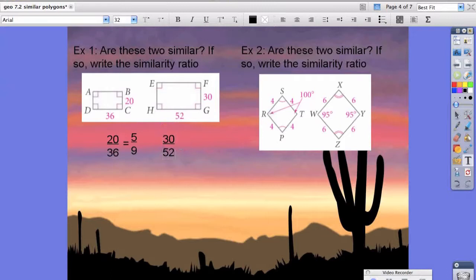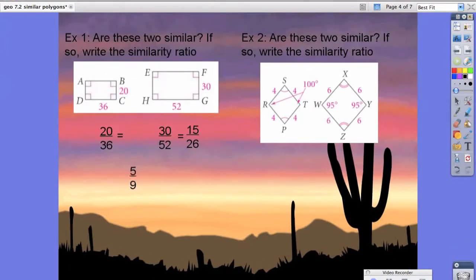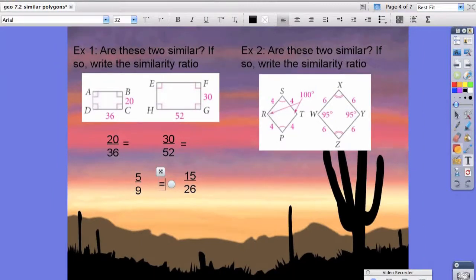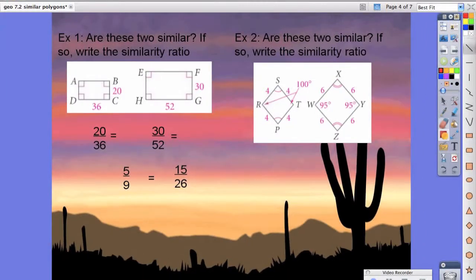And if we simplify that, they both have a 2 in common, so that gives you 15/26. Now notice that 5/9 and 15/26 are not equal to one another. And because they are not equal to one another, that means that these two shapes are not similar.